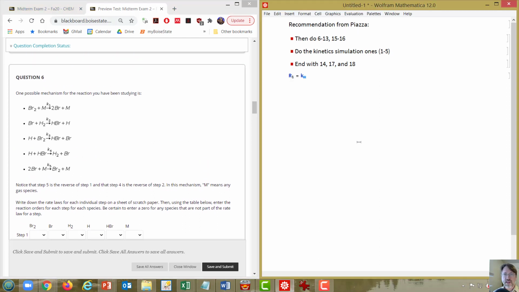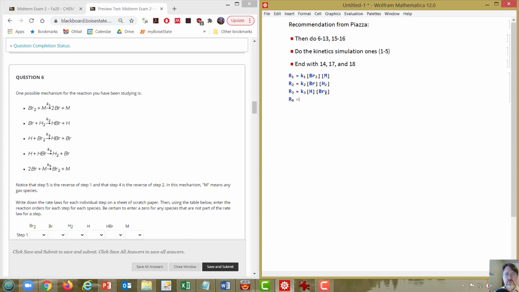R1 equals K1 times concentration of Br2 times concentration of M. R2 equals K2 concentration of Br times concentration of H2. R3 equals K3, concentration of H, concentration of Br2.